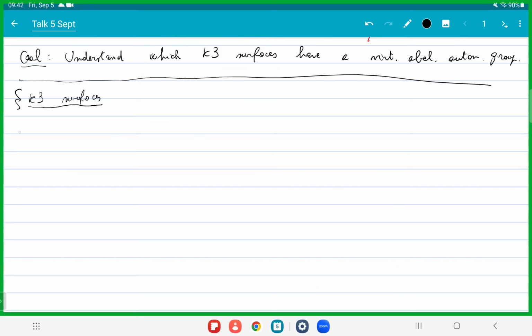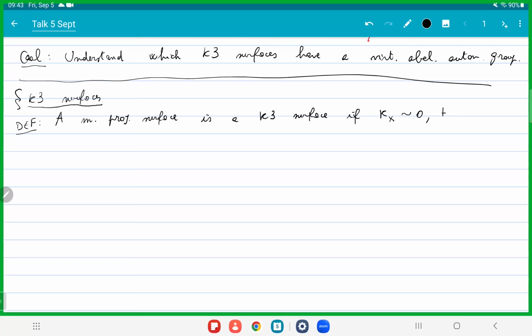So I'm going to start by recalling the definition of a K3 surface, since they're going to be the main object today. So a smooth projective surface is a K3 surface if two conditions hold. We want the canonical bundle to be trivial, so linearly equivalent to 0.